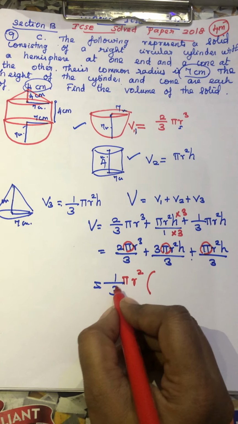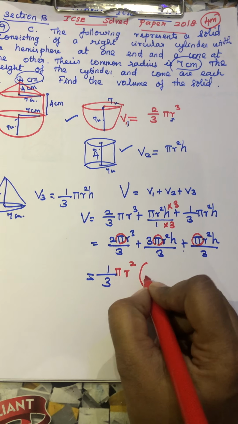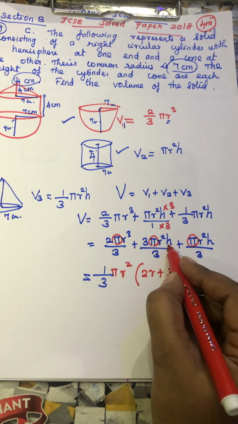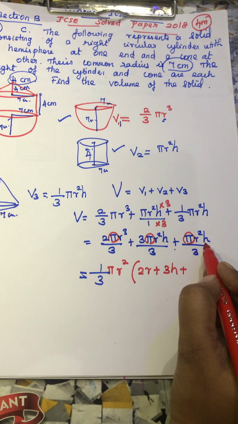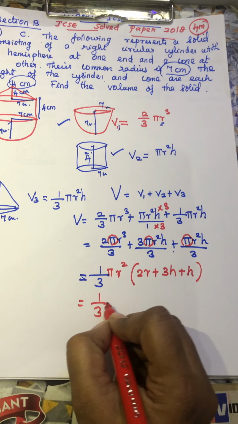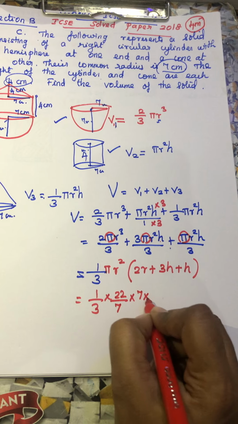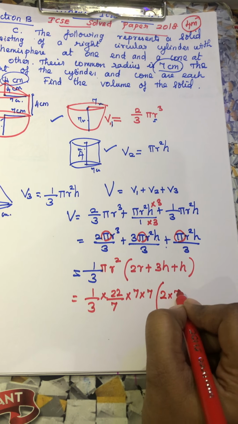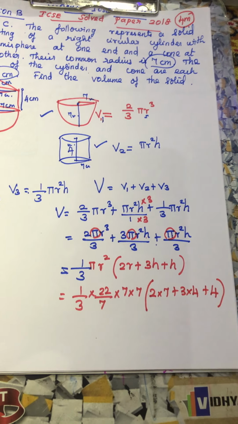So 1 by 3 pi r square is common. Inside we have 2r plus 3h plus h. Now 1 by 3, pi is 22 by 7, r square is 7 into 7, and inside 2 into r plus 3 into 4 plus 4.